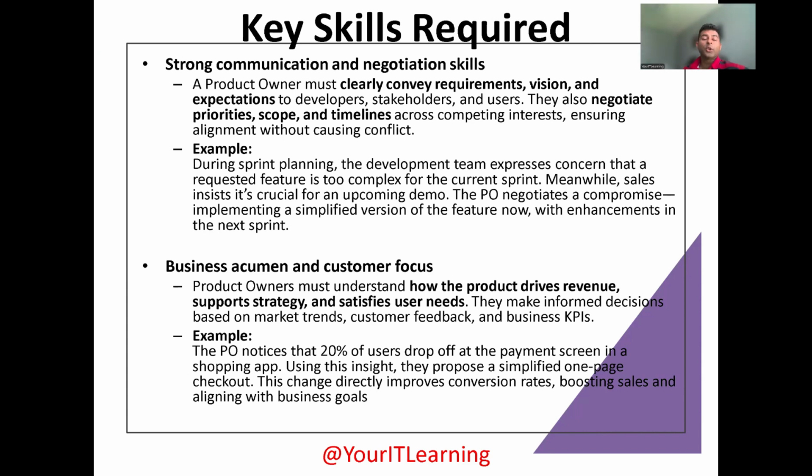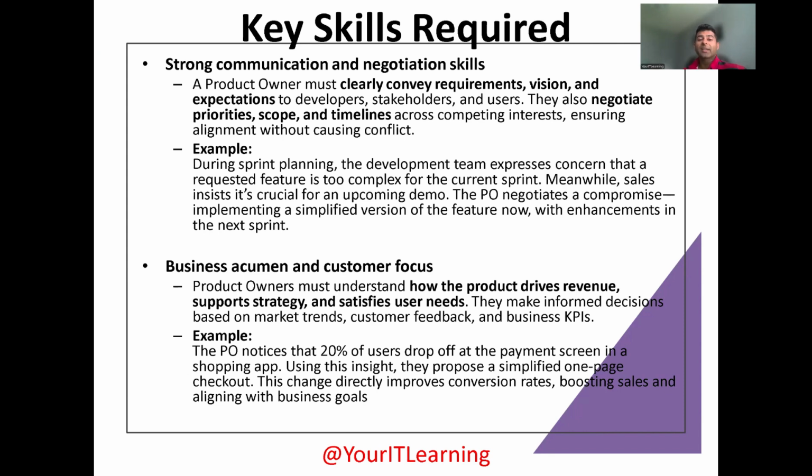For example, during sprint planning, the development team expressed concern that a requested feature is too complex for the current sprint. Meanwhile, sales insist it's crucial for their upcoming demo. The PO negotiates a compromise, implementing a simplified version of the feature now with enhancements in the next sprint. So he's basically keeping everyone happy.